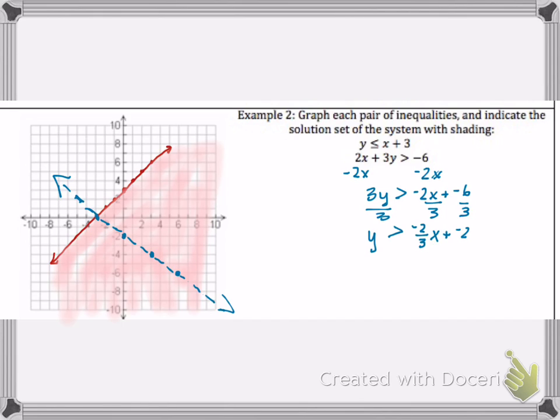And because it is greater than, we are going to shade upward on the y-axis. So that's shading in this area here. And hopefully you can see that the intersection area is going to be in here.